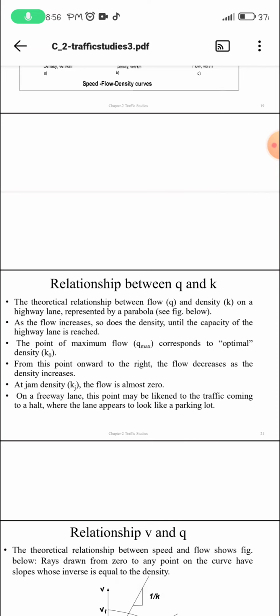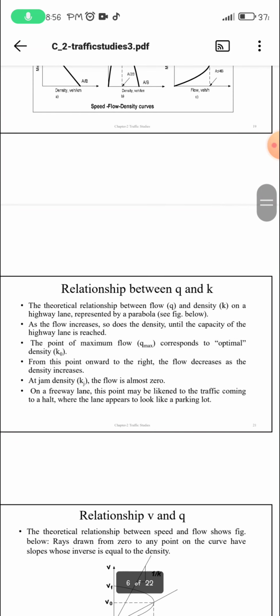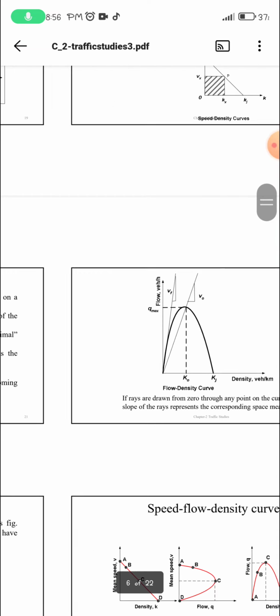The point of maximum flow Q max corresponds to optimal density K naught. From this point onward to the right, the flow decreases as the density increases. At jam density Kj, the flow is almost zero. On a freeway lane, this point may be likened to traffic coming to a halt, where the lane appears to look like a parking lot.